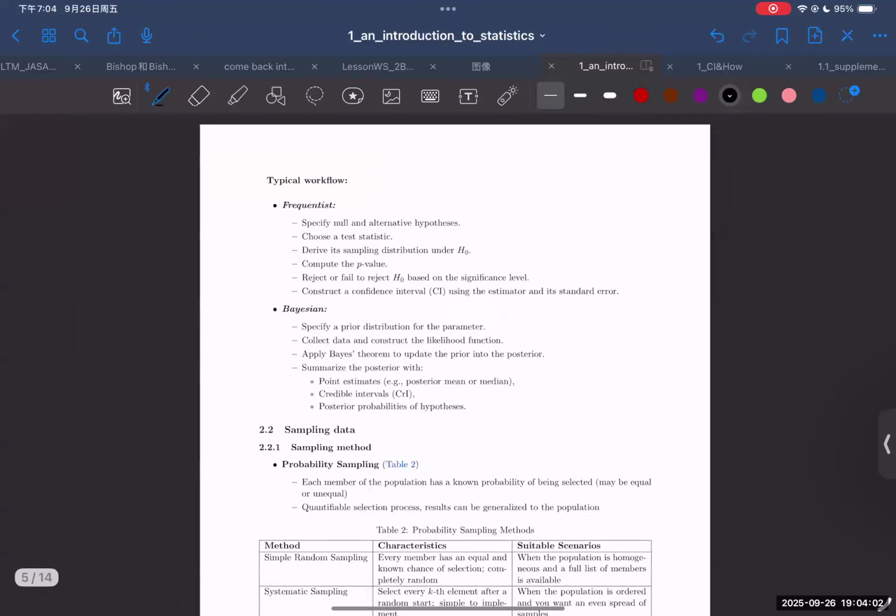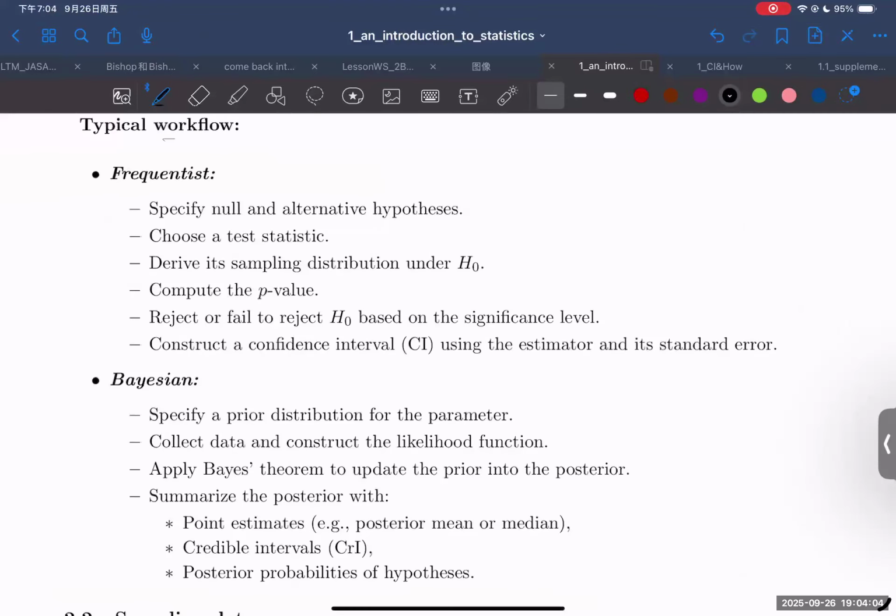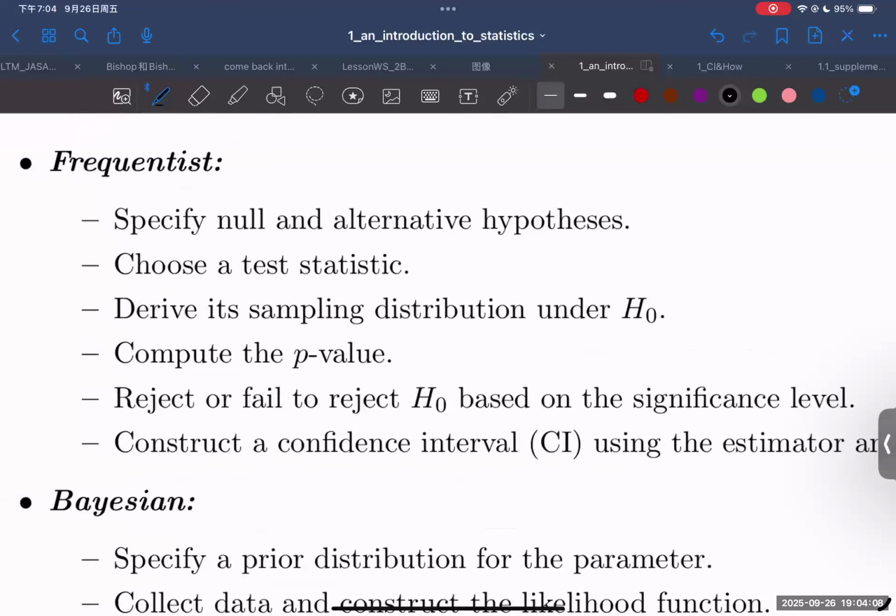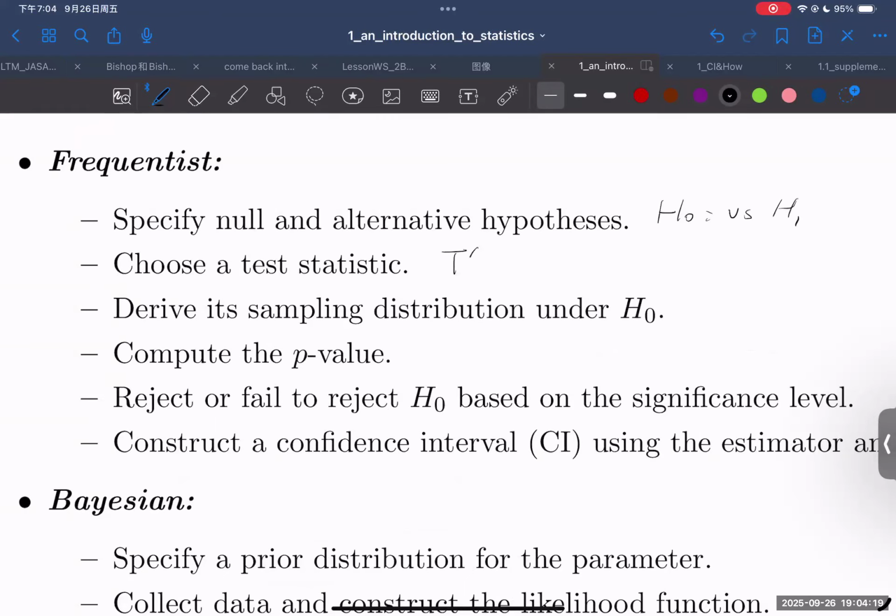Next one, I just want to tell the typical workflow. For the typical workflow, let's check the frequentist test first. For a frequentist test, specify the null and alternative hypothesis first. Choose a test statistic.